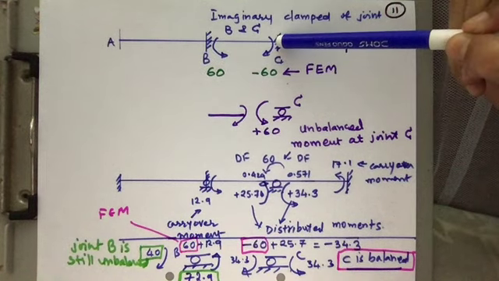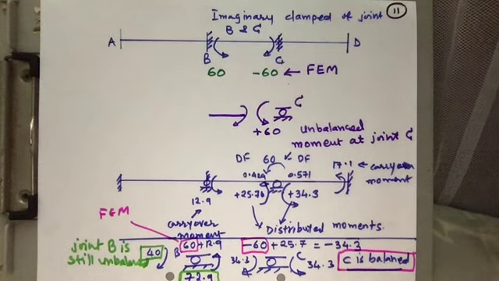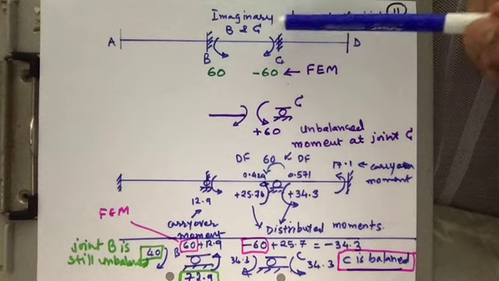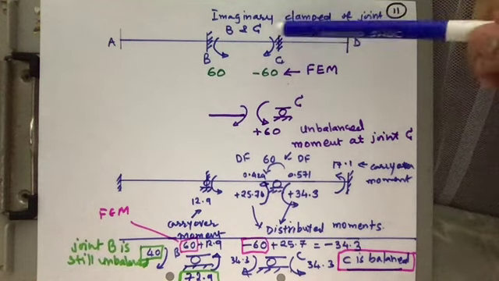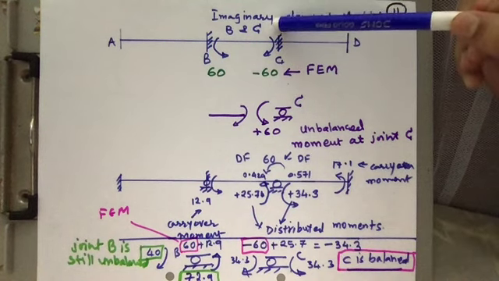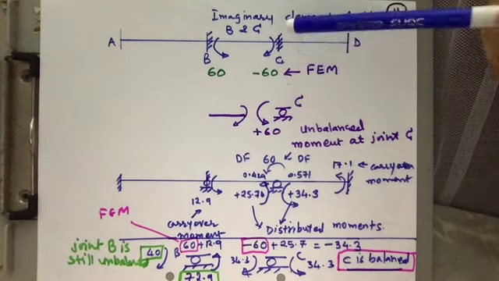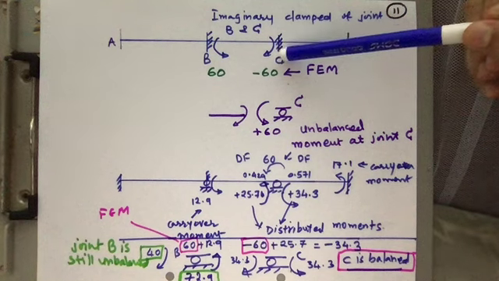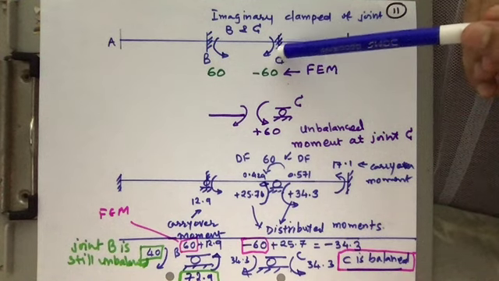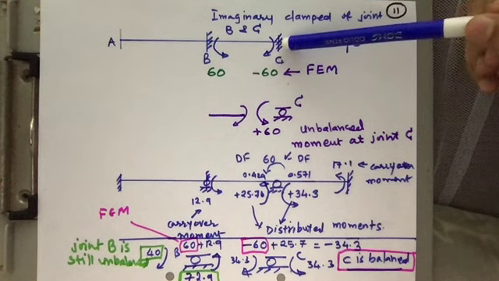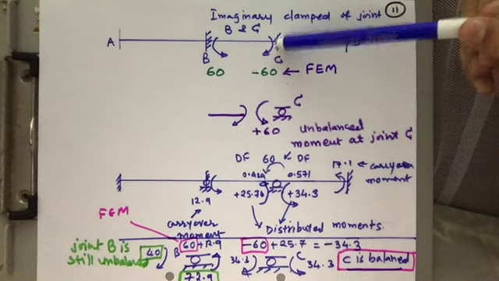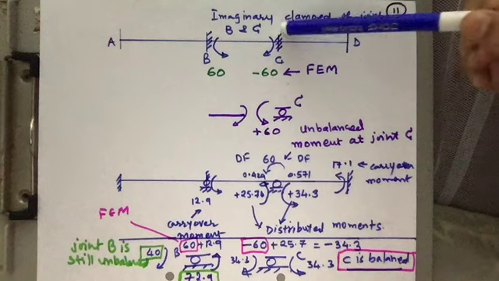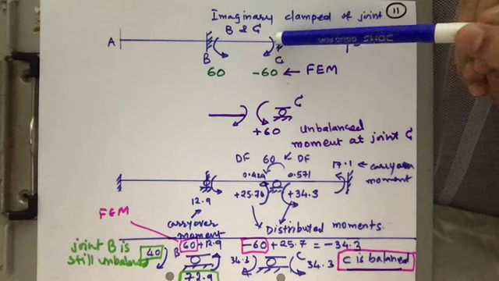Later on we are going to allow rotation of the joints one by one. First we release this joint, and whatever unbalanced moment arises because of the rotation, earlier it was fixed, now we are allowing rotation, that means a moment is generated which is the unbalanced moment.